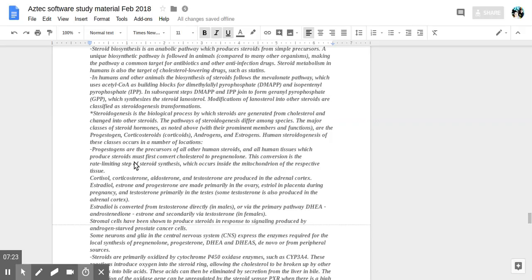Steroid metabolism in humans is also the target of cholesterol-lowering drugs such as statins. In humans and other animals, the biosynthesis of steroids follows the mevalonate pathway, which I'll show in a bit, which uses acetyl-CoA as building blocks to make dimethylallyl pyrophosphate and isopentenyl pyrophosphate.